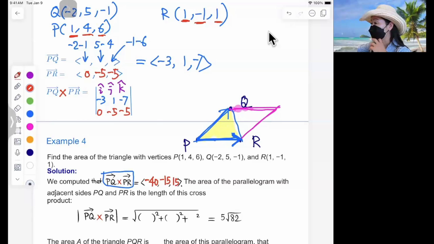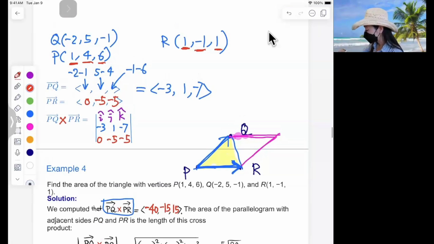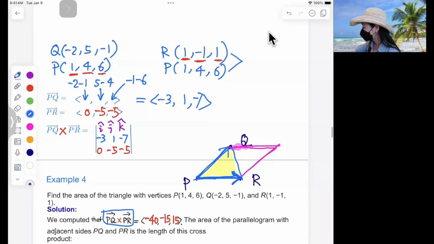In the PR, the Y component, why is it 0, -5, -5? Okay, let's put the P here. P is 1, 4, 6. So from these two points, you can calculate the vector PR.